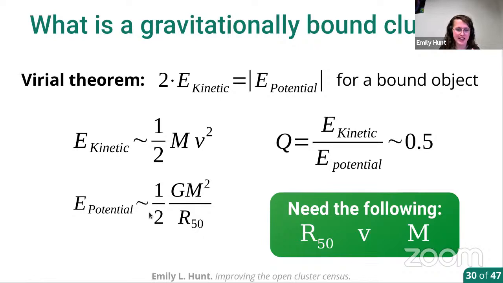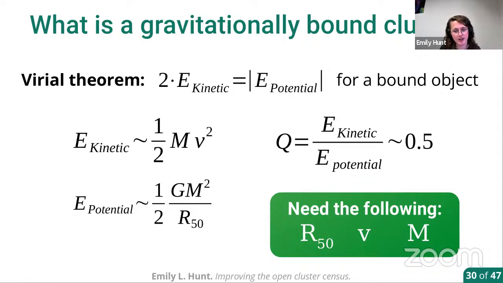The potential energy is about half the gravitational constant times the mass squared divided by the radius. You can put this together and get what's called the virial ratio, which is the ratio of kinetic energy against potential energy for a given star cluster. If that cluster is bound, it should be of the order of about a half, based on the virial theorem and what we expect for bound objects.